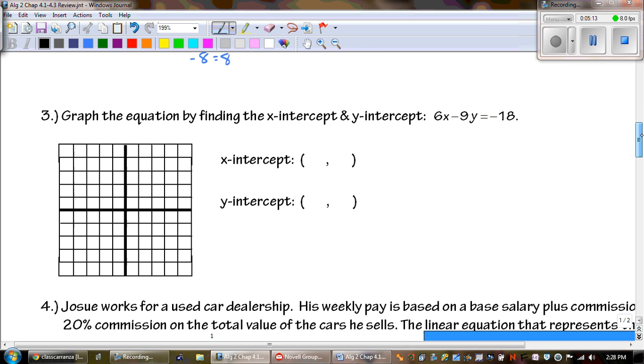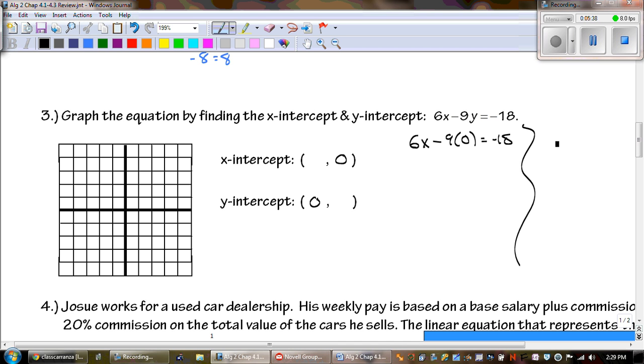Next one. Says graph the equation by finding the x and y intercepts. Now, when we're finding the x and y intercepts, for the x-intercept, y is 0, and for the y-intercept, x is 0. So we do 6x minus 9 times 0 equals -18.